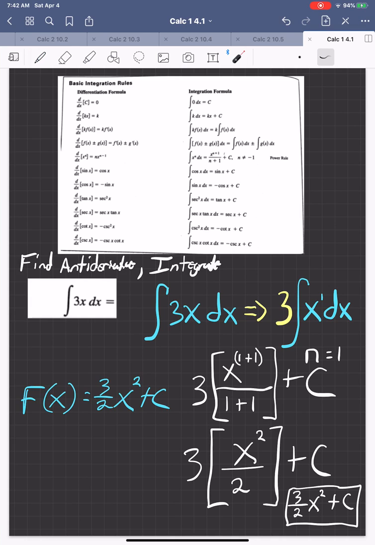It should comfort you to know that you can always check this work by taking the derivative. What is 2 times 3 halves? Well, that's 3. So we end up with 3x plus 0, right? Because the derivative of c is 0. So it should comfort you that you can always check your work by just taking a derivative.